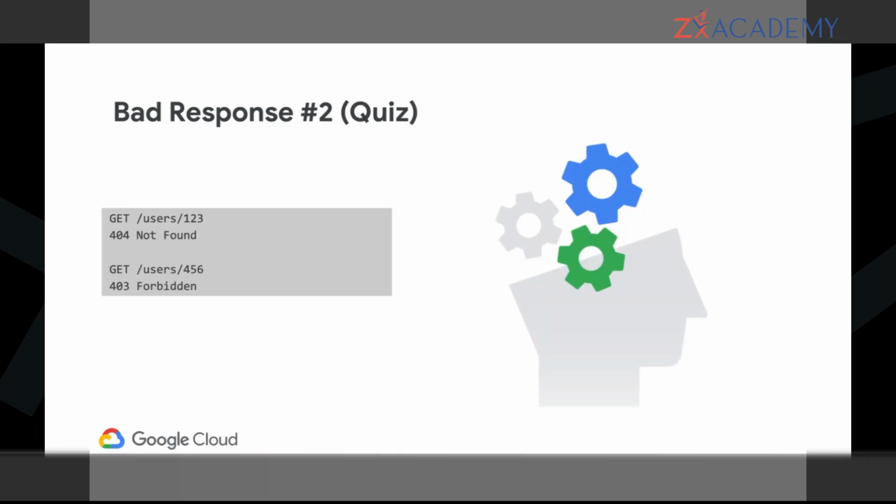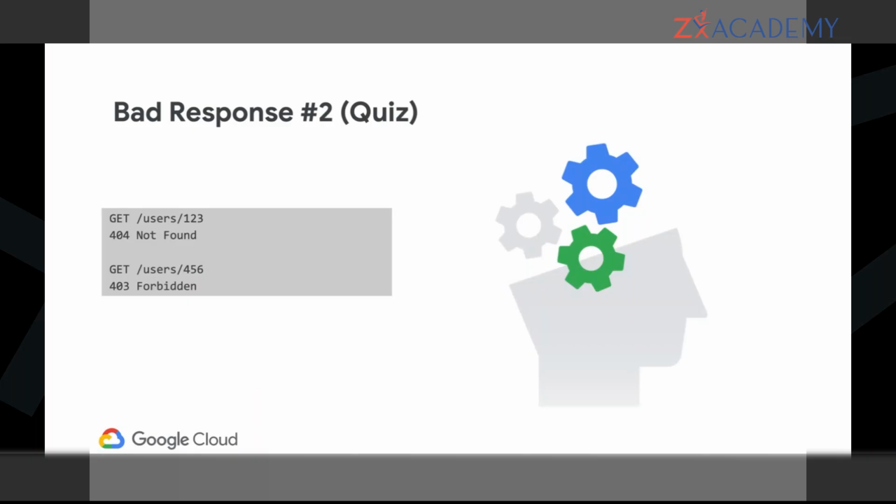That is technically correct, because the client application which is calling might not have access to this user ID. But the problem is that if a hacker is trying all the wrong IDs one by one using some dictionary or whatever, one ID, another ID, another ID, and for all of them the response is 404 not found, they will know this ID doesn't exist, so they will not do anything.